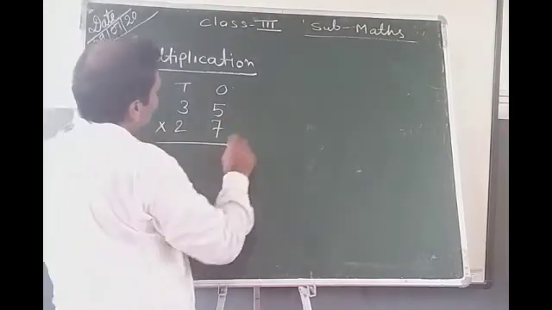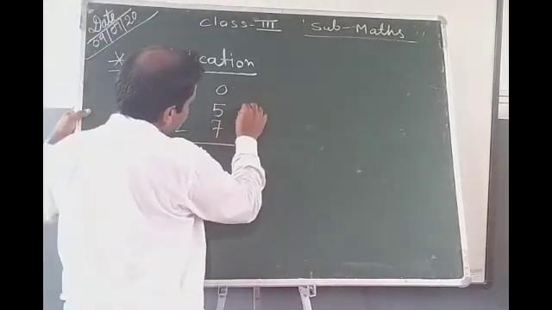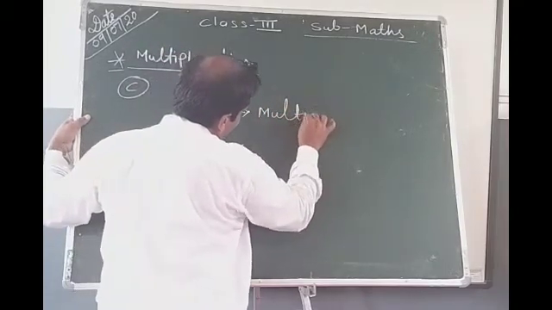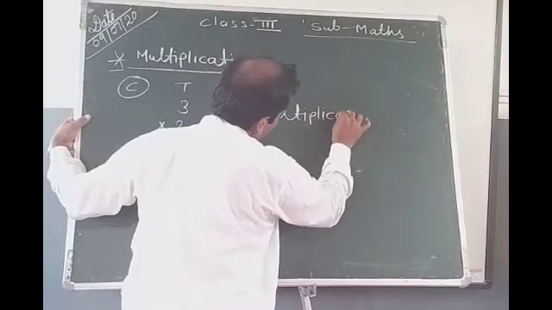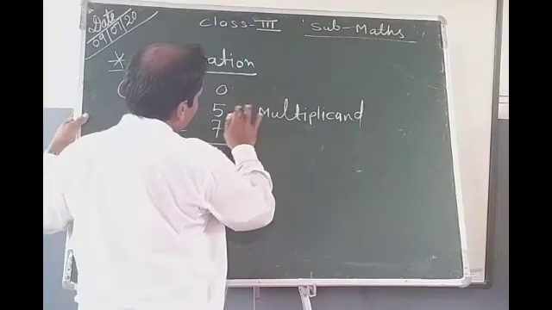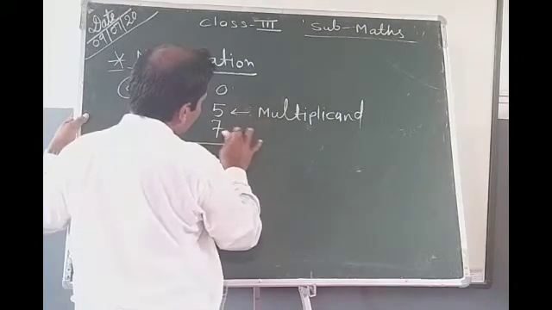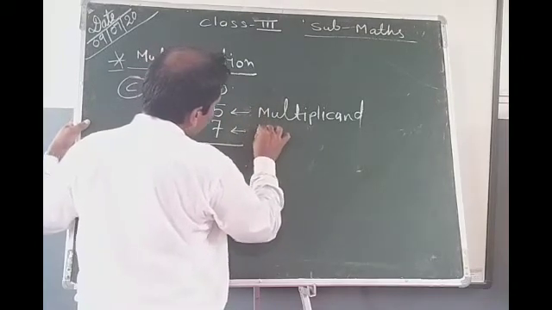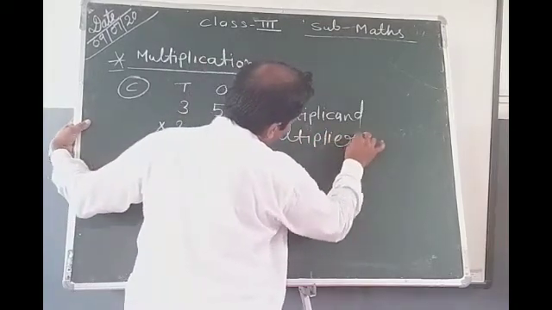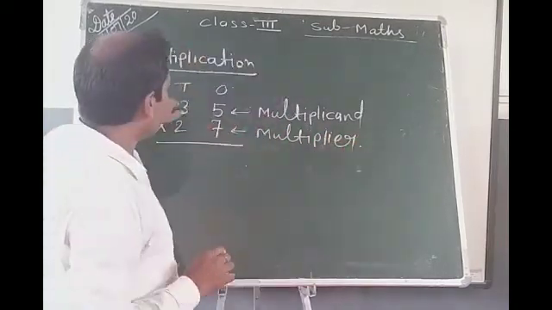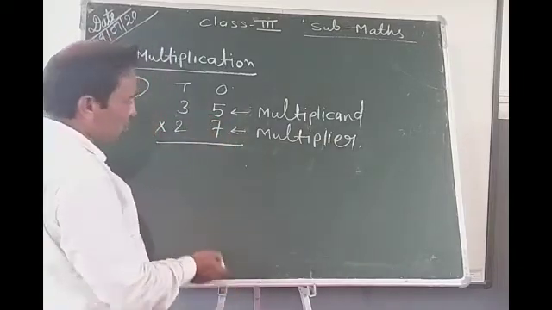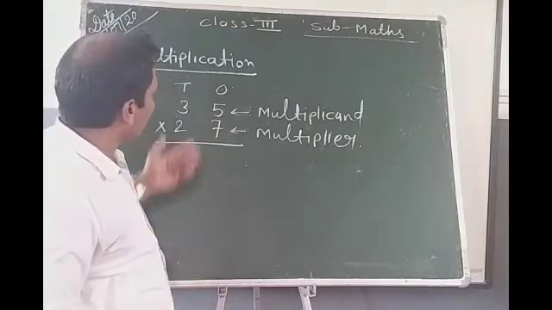This is called the multiplicand, and this one is the multiplier. So the multiplicand is 35, the multiplier is 27. As I solved the first two questions, solve this one too.